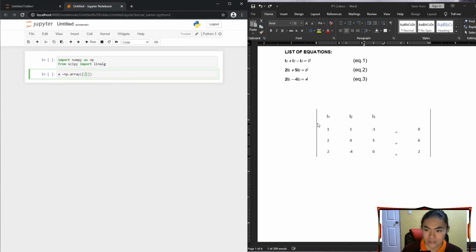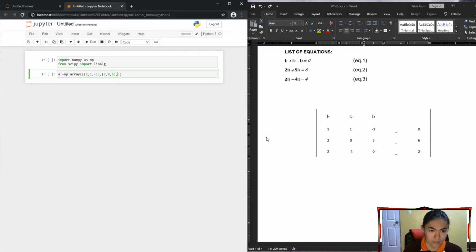So, kung makikita nyo, straight ito yung lahat ng nasa taas na 1, 1, and negative 1. Yan yung unang values na ating ilalagay. So, 1, 1, and negative 1. The next, comma, then another bracket. Next naman is 2, 0, and 5.